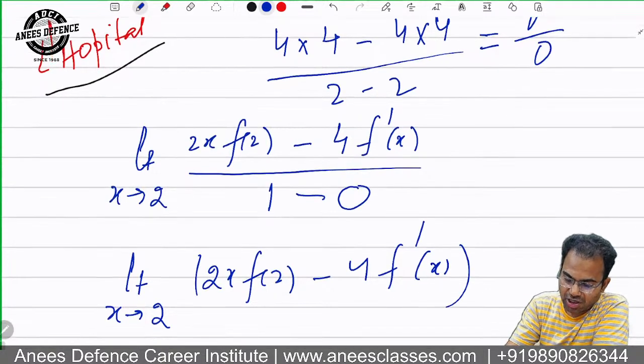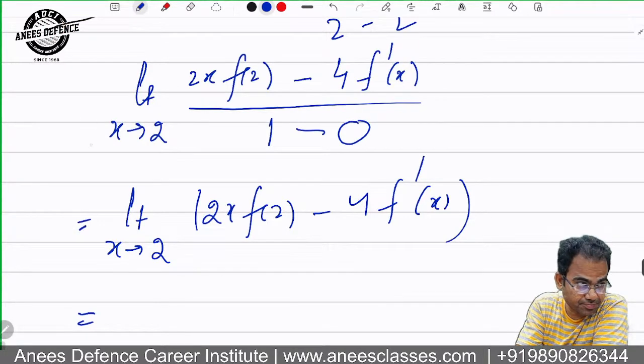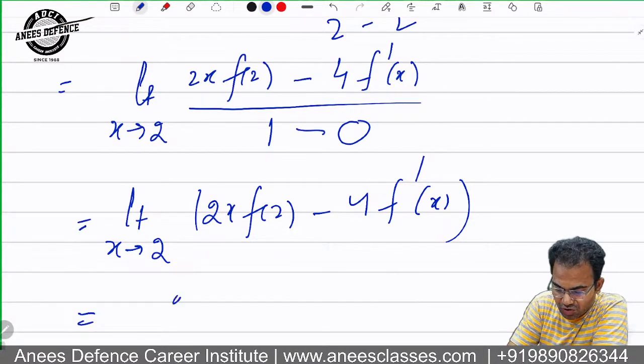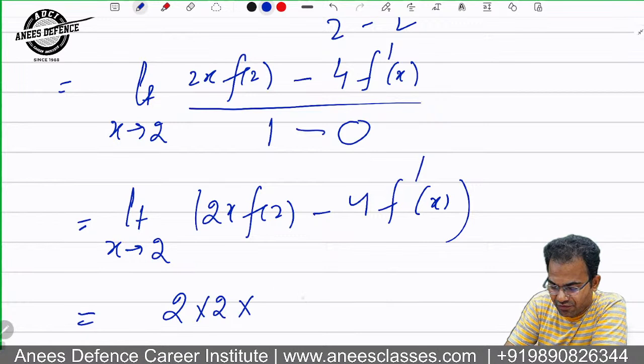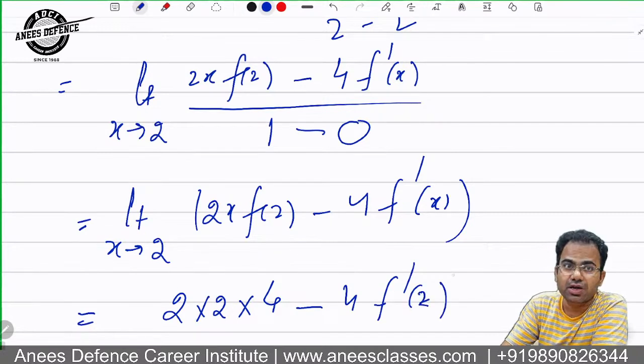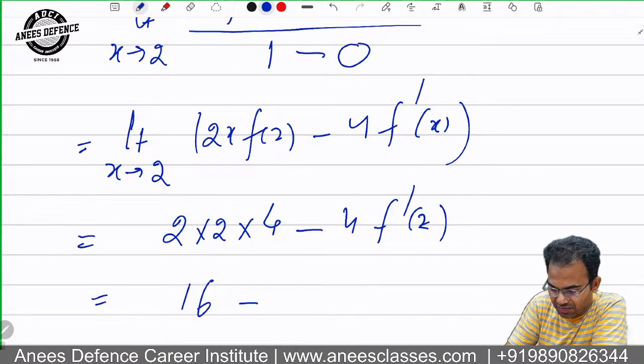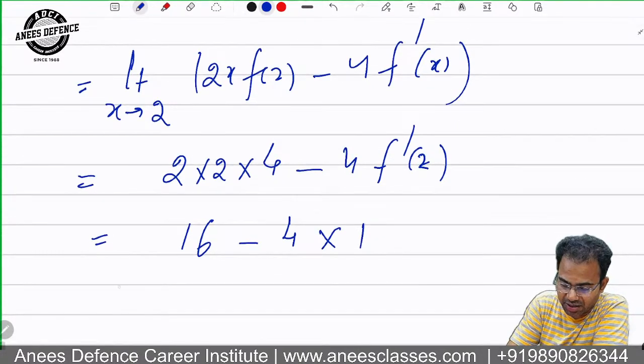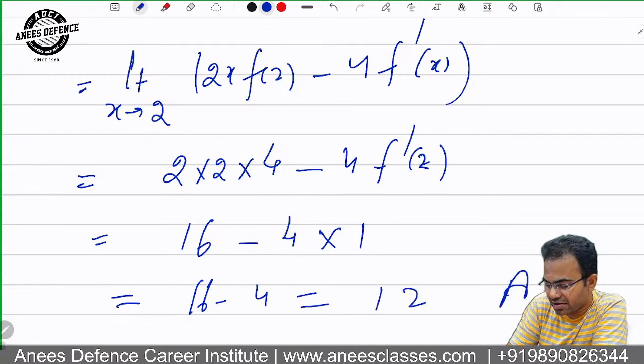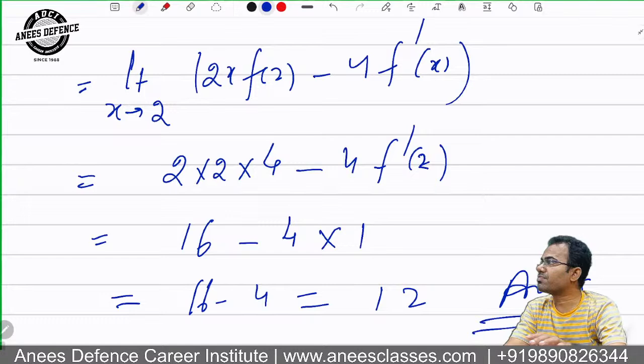I'll put the limit point: 2 into 2, f of 2 is 4, minus 4 into f dash 2. 4 times 4 is 16, minus 4 f dash 2, and f dash 2 is 1, so I will write 1 here. 16 minus 4 will be 12. Okay. The answer is 12.